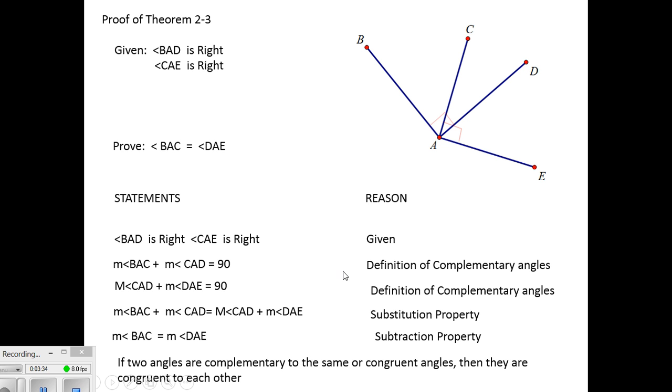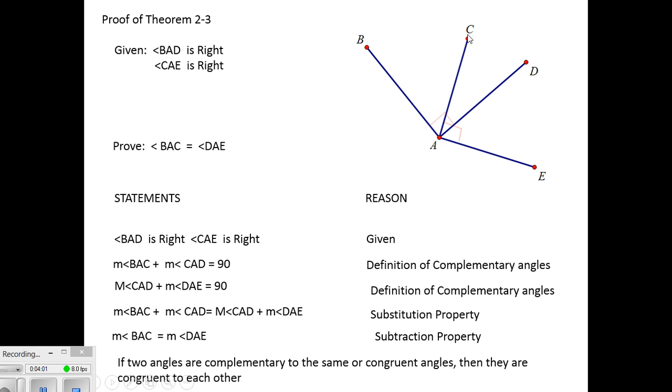Okay, so there is a statement which is effectively one that we just proven, which is this theorem. If two angles are complementary to the same or congruent angles, then they are congruent to each other. Okay? So basically, BAC was complementary to CAD.